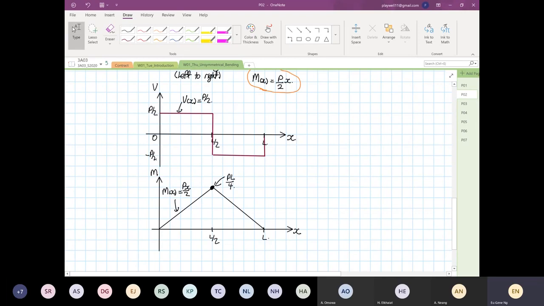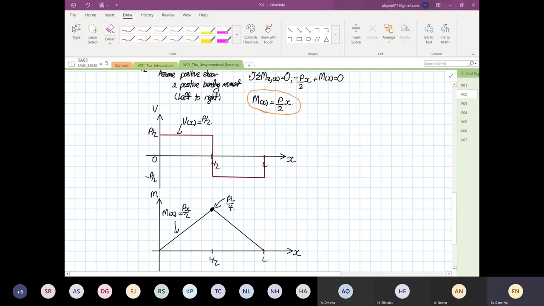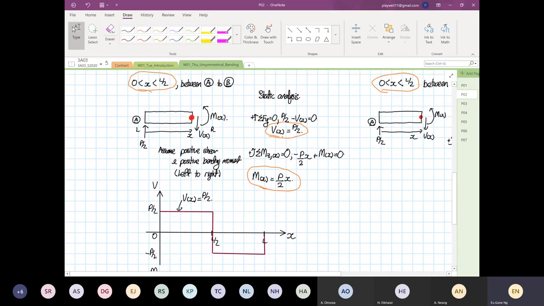Okay, anyone can tell me what's the relationship by looking at this diagram? Eugene: Moment is the derivative of the shear force, the moment diagram. Okay, you are giving me a mathematical expression now. Yeah, absolutely right.